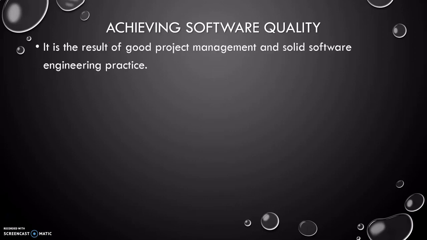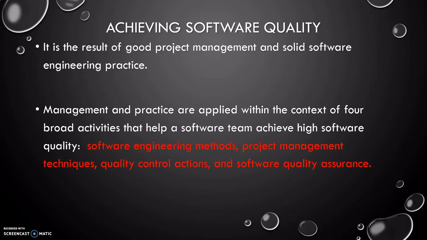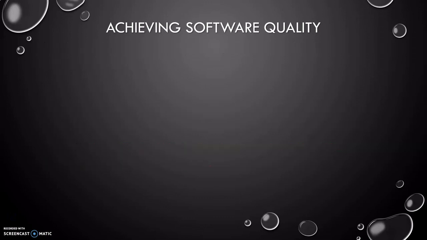Then, how can we achieve software quality? It is a result of good project management and solid software engineering practice. Management and practice are applied within the context of four broad activities: software engineering methods, project management techniques, quality control actions, and software quality assurance. The first point is software engineering methods.